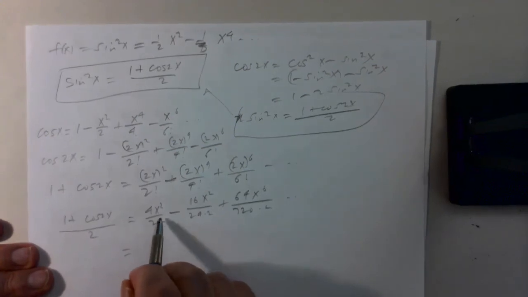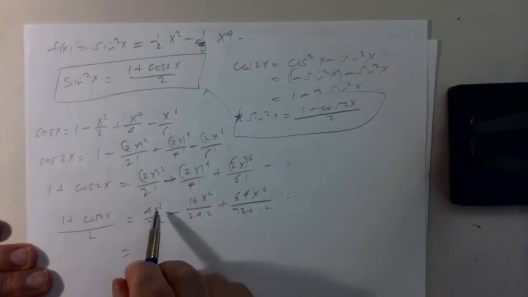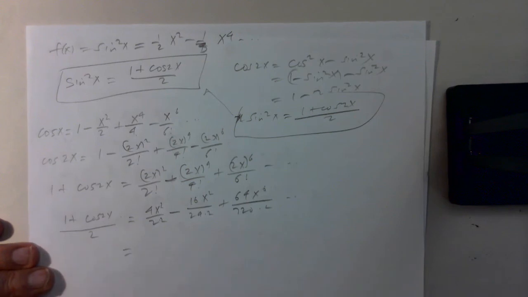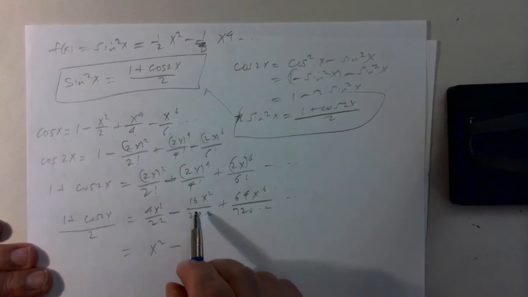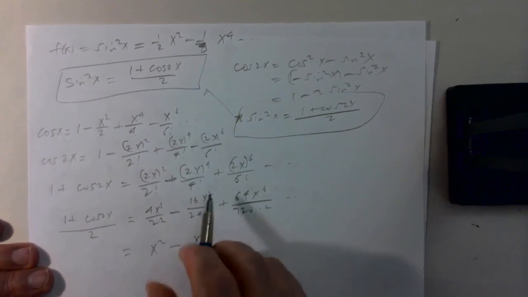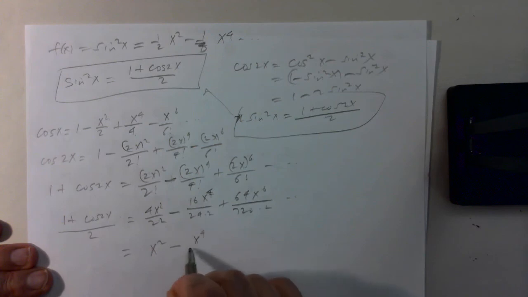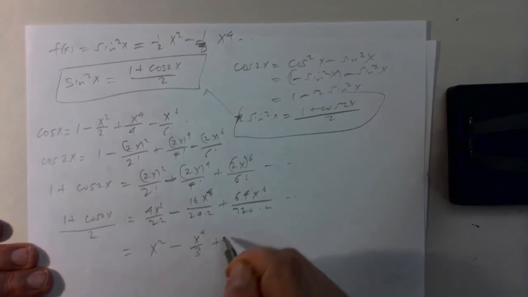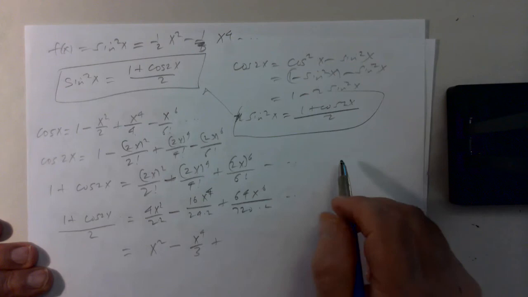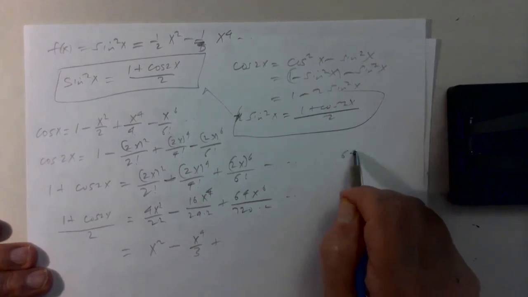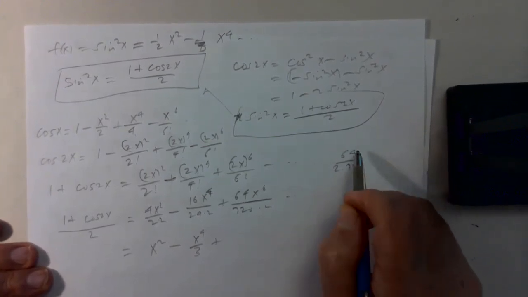I get x squared minus x to the 4th over 3 plus, let's see, I have 64 over 2 times 720.